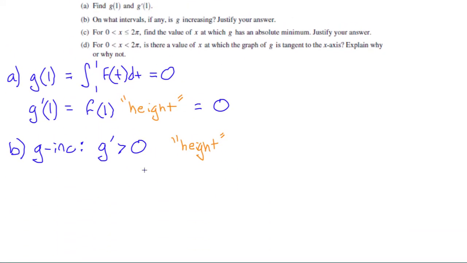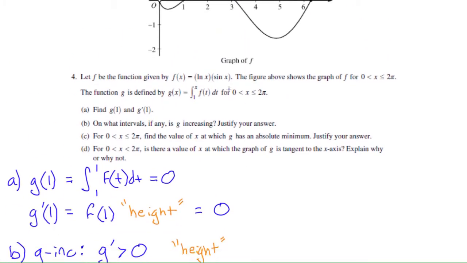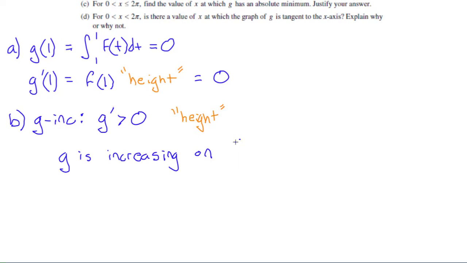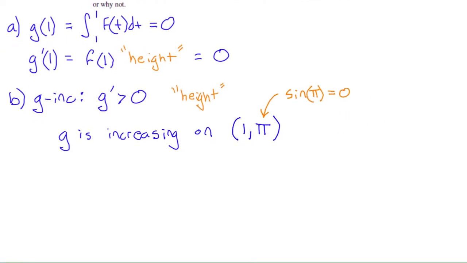So G is increasing on the interval 1 to pi. And then we'll add the note here in case anyone is confused looking at this, that sine of pi is equal to 0. Cool. That's all of part B.